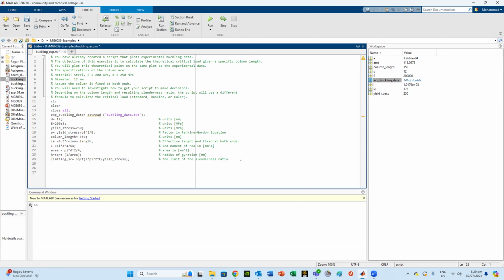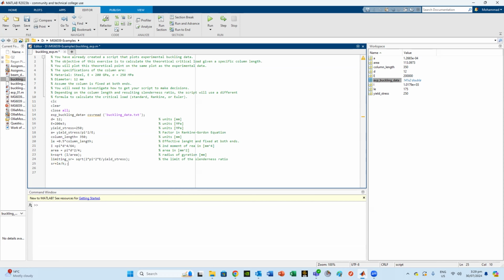So the slenderness ratio, SR, equals, based on the equation, LE over K. So LE is the equivalent length divided by K, the radius of gyration, and make sure if I spell it with a capital or small letter it should be the same.